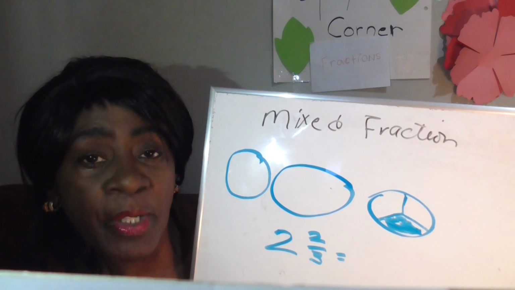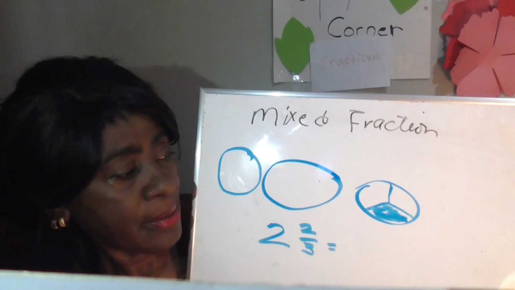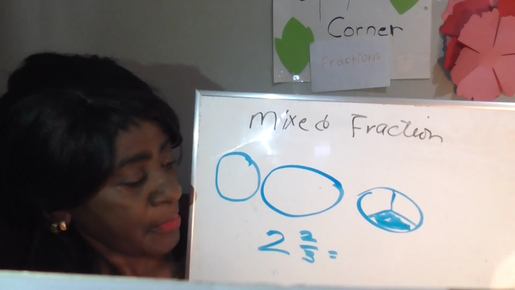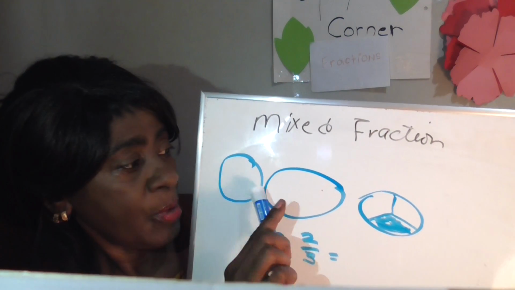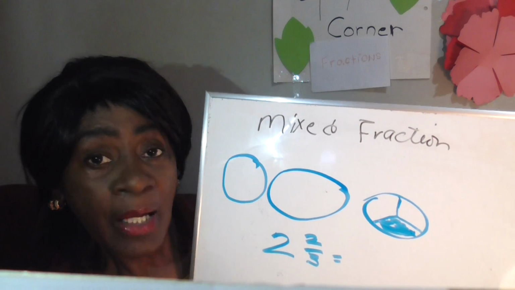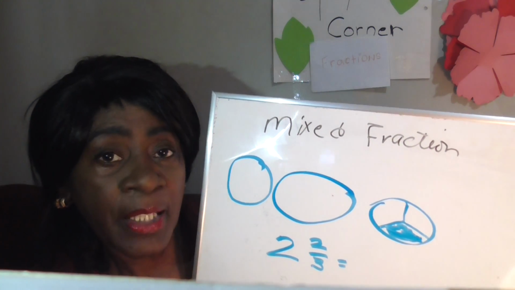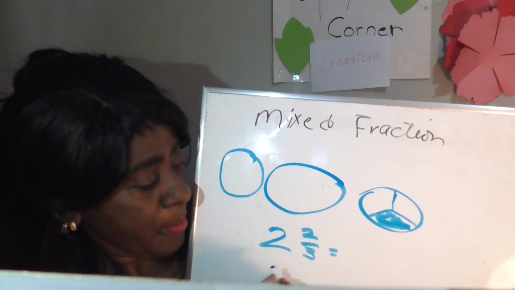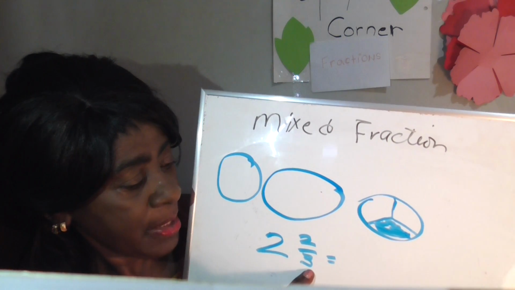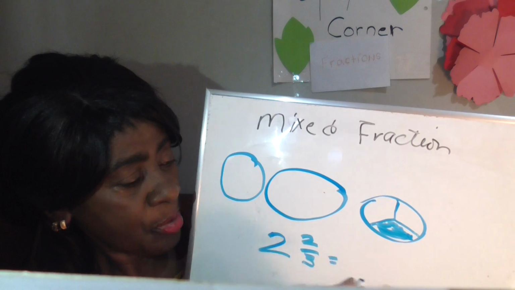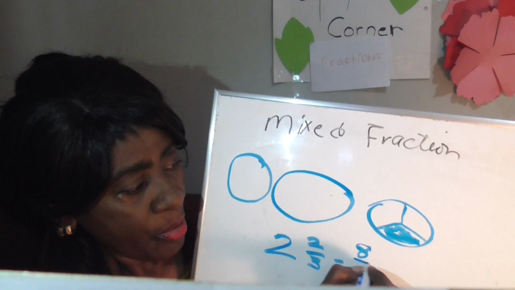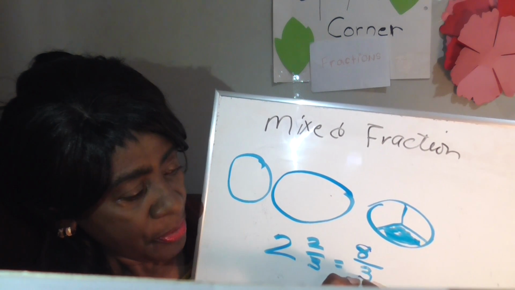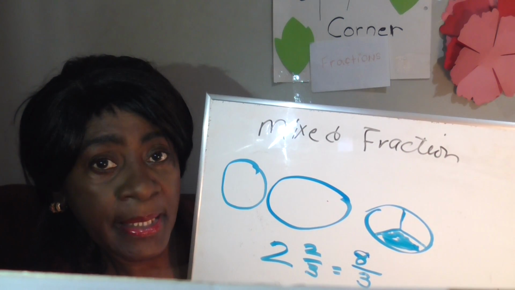How much of the 3 pies was not taken? 2 and 2/3 were not taken. How do we change that to an improper fraction? 2 times the denominator 3 is 6, plus 2 the numerator is 8 over 3.